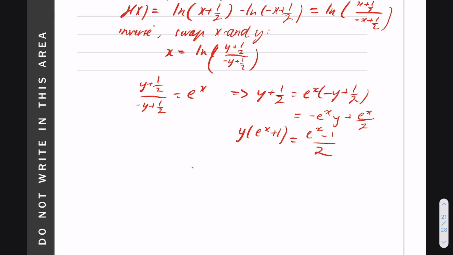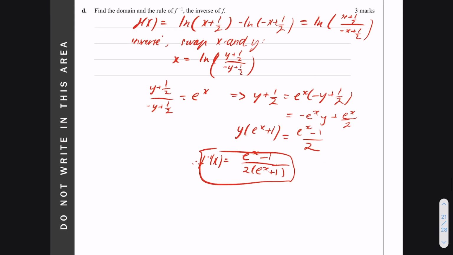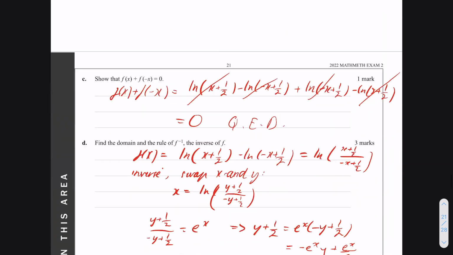And then that makes y equal to e to the x minus 1 over 2 e to the x plus 1. And instead of y, we should write f inverse. And we want the domain of the inverse, that's just the range of the original, which was R.